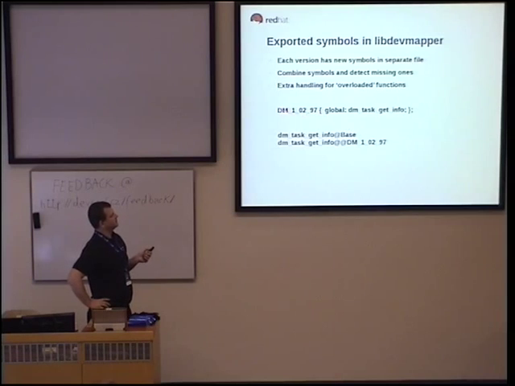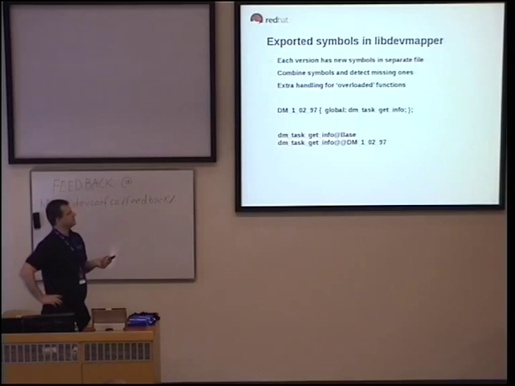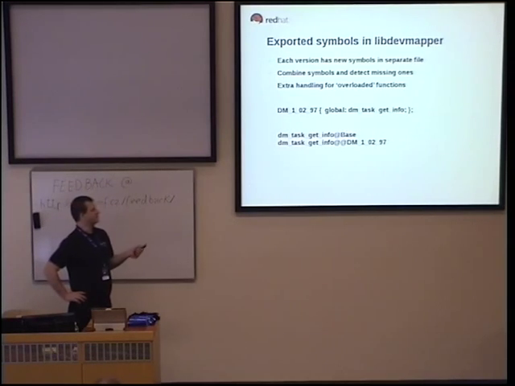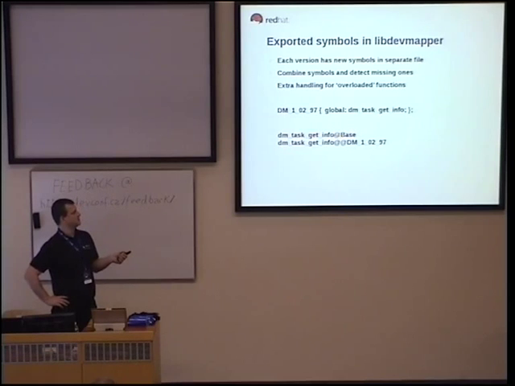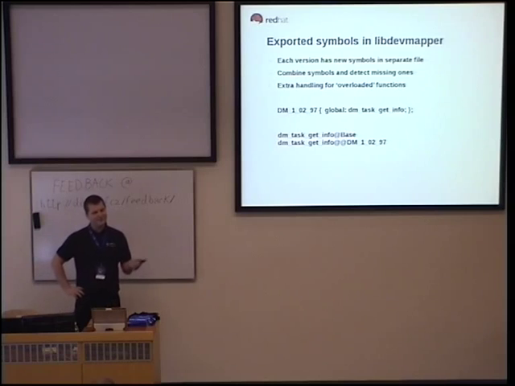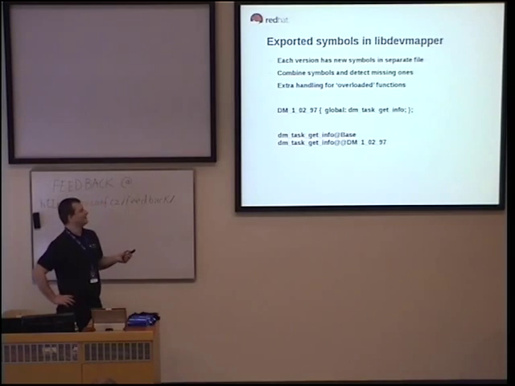We stick with the DM and version number. So now you will have multiple symbols in your library. One will be with the base. That's basically the sign where we were not realizing we had a problem. We still use the base. And for the new function, we will have a new version.